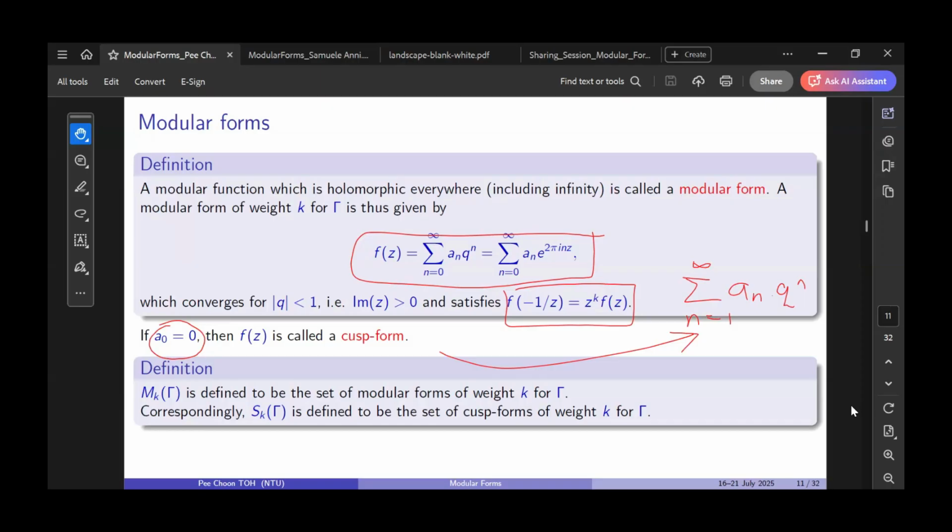So now we define M_k(gamma) as the set of all modular forms of weight k for gamma. Correspondingly, S_k(gamma) is defined to be the set of cusp forms of weight k for gamma. Obviously, S_k is a subset of M_k.